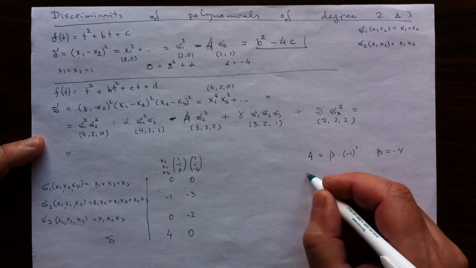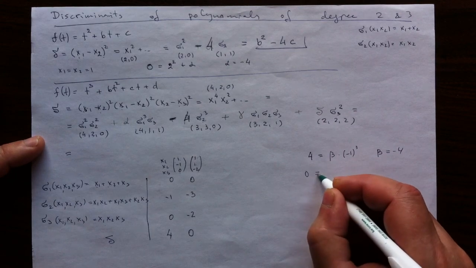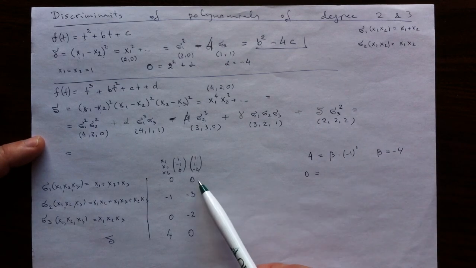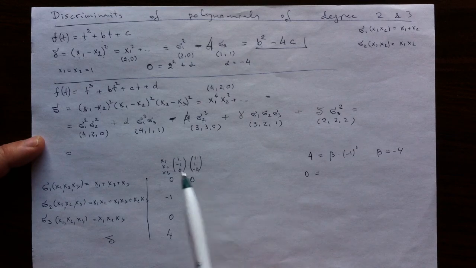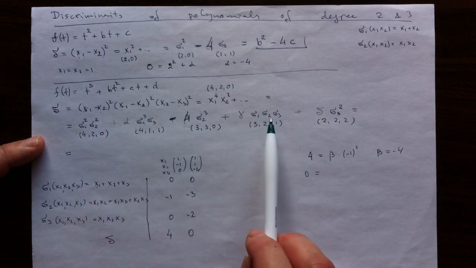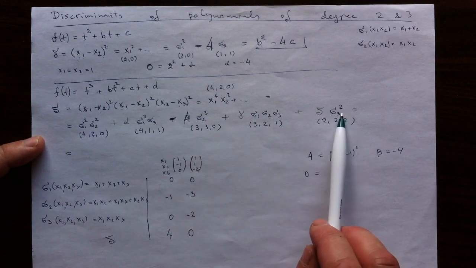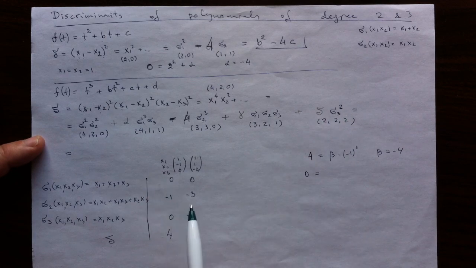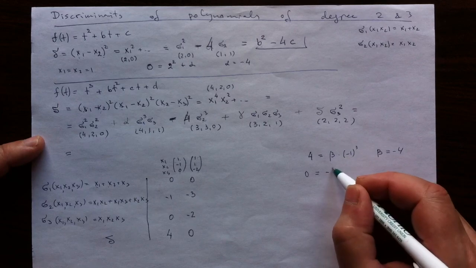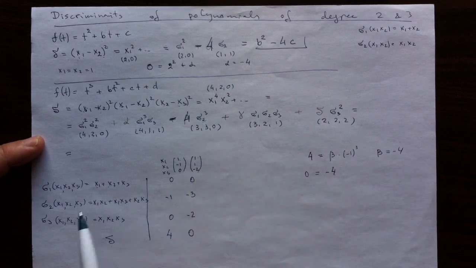So plugging it into my equation, I'll have 0 on the left. Now sigma 1 is 0, so all the terms containing sigma 1 will go away and I will be left with 2 terms. One of them with coefficient delta, the other with the coefficient which I know already: negative 4 sigma 2 cubed, so sigma 2 is negative 3.